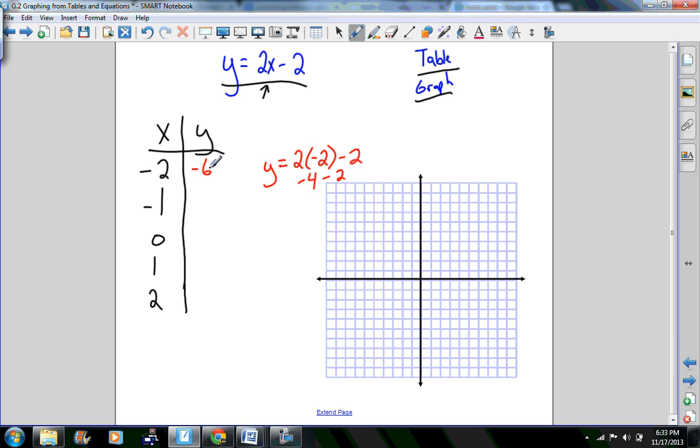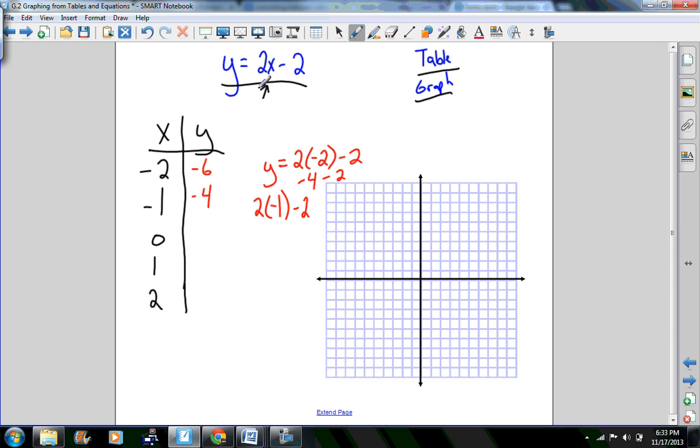Okay, so now we just start over. We take this value here, we plug it in, we get 2 times -1, because we're just replacing that x again, minus 2. 2 times -1, that's -2. -2 minus 2 is a -4.